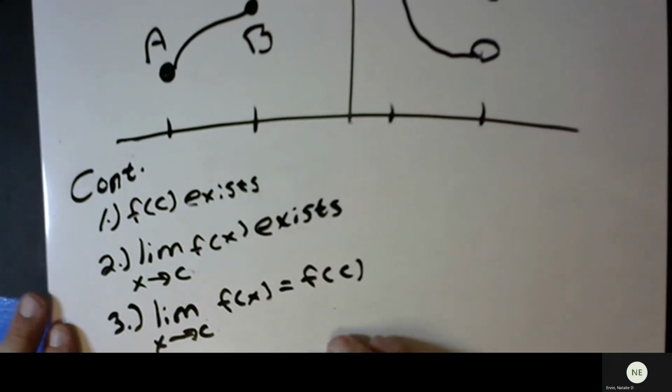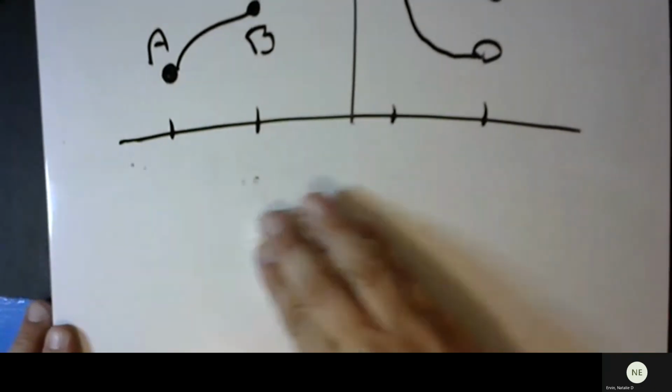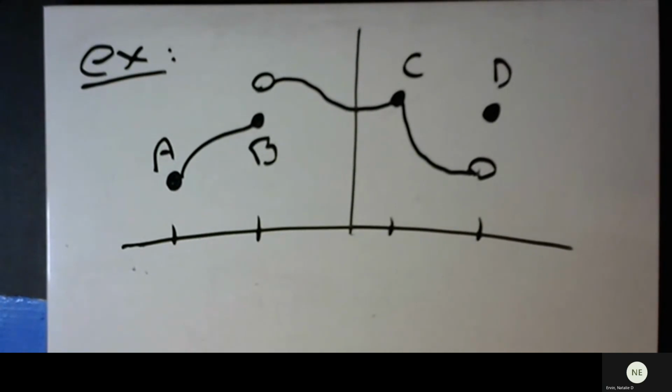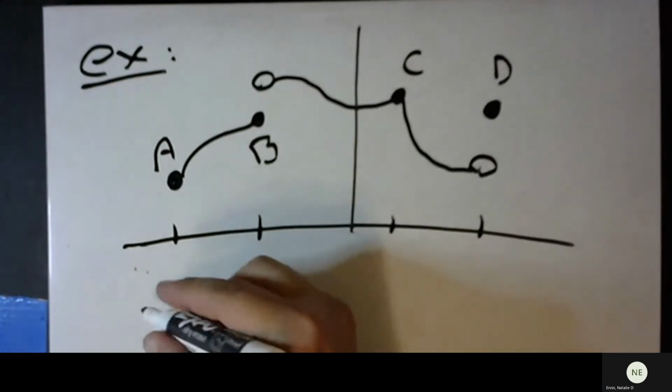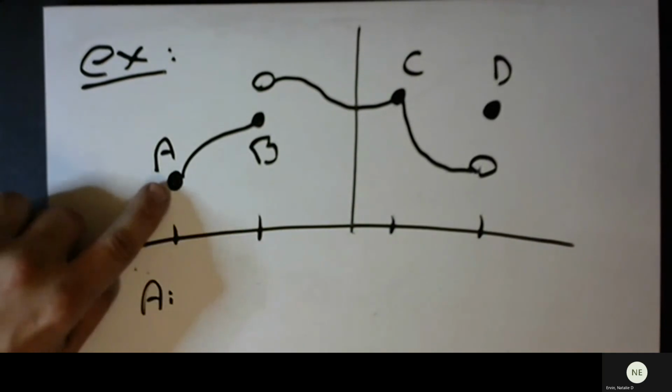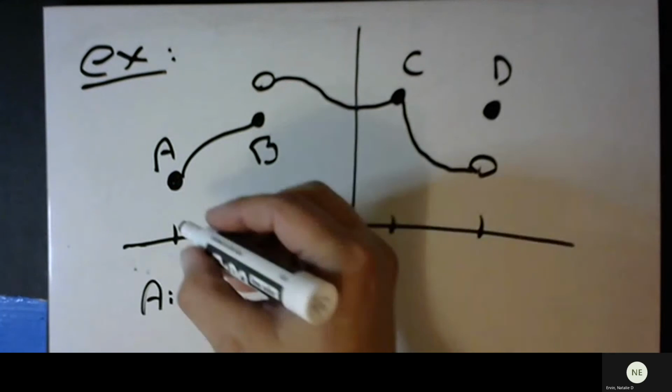So let's take a look at this function that we have here. For point A, first off, f of A exists. We do have that.